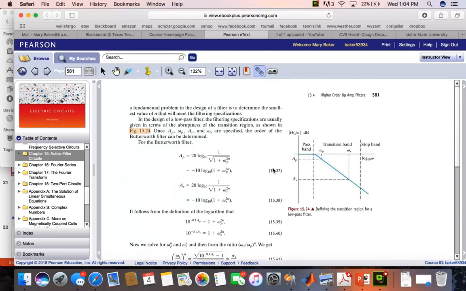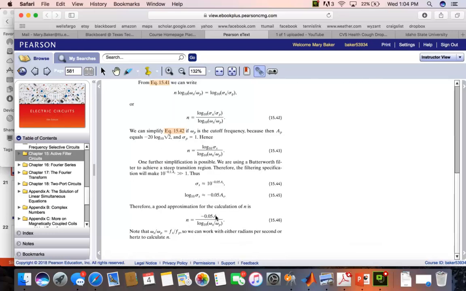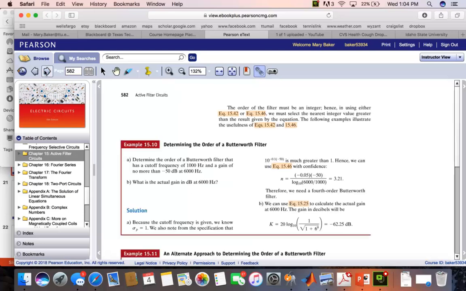So once again, if this is your cutoff frequency and you're given some specification for above cutoff, even something as simple as 1 order of magnitude above cutoff, you want to attenuate by 30 dB, then you could use this equation to determine what the filter order is that you would need to achieve that specification. So that's just a design parameter that is sometimes used in order to determine a filter order.